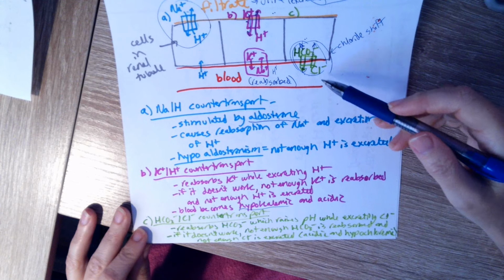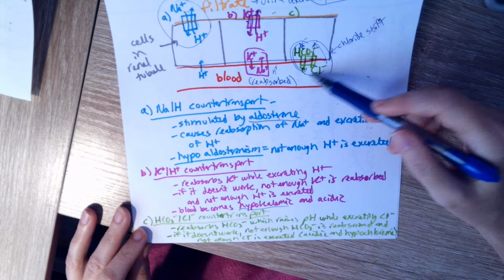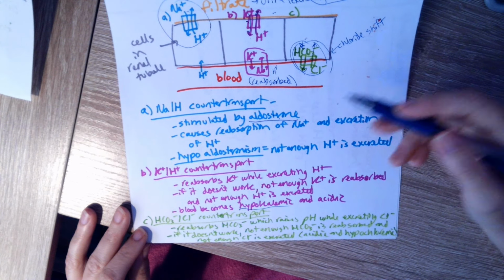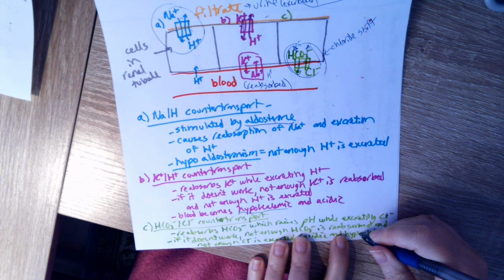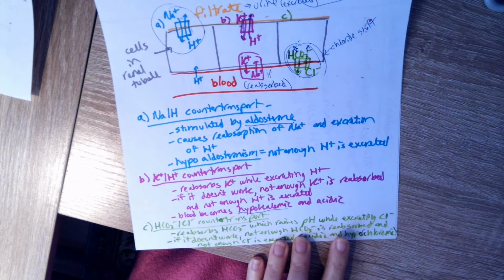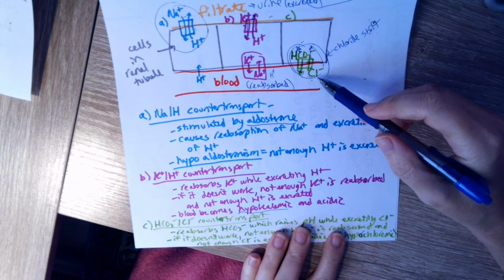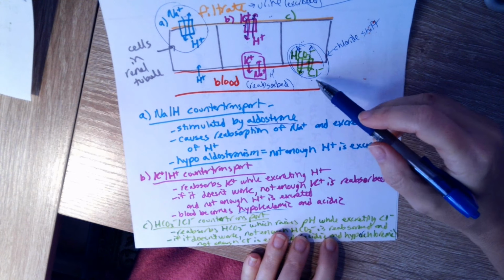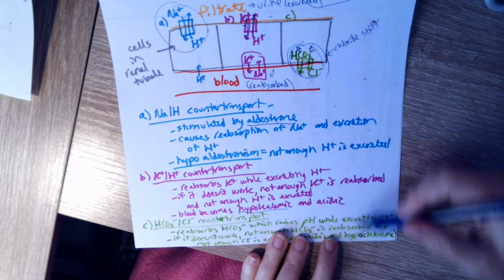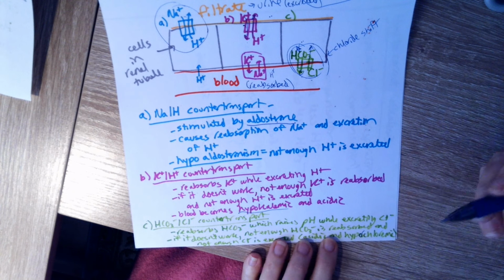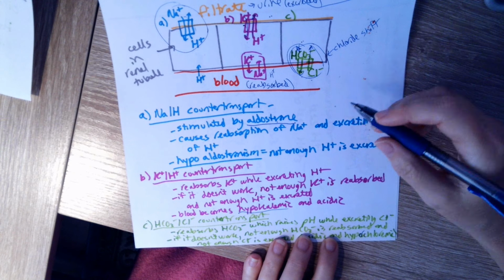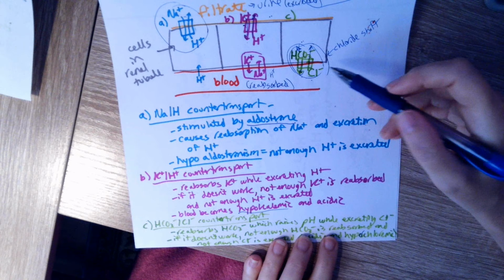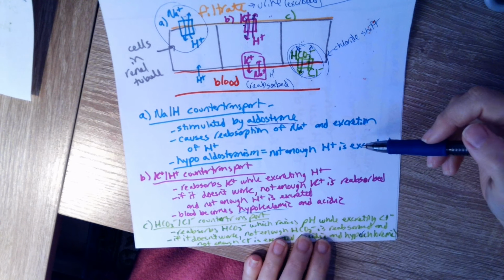And at the same time, if this isn't working, you would also be hyperchloremic. Oops, I think I put hypo, so hyperchloremic, because the chlorine is going to be stuck in the blood, not able to get out. And again, like I said, that's not really much of a problem. The problem is because of the bicarbonate.